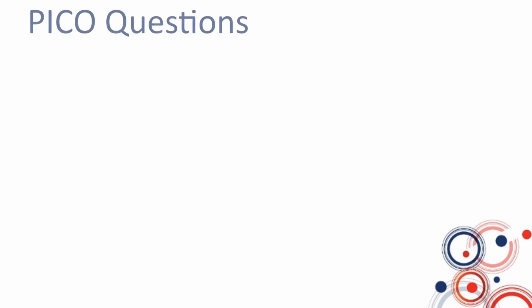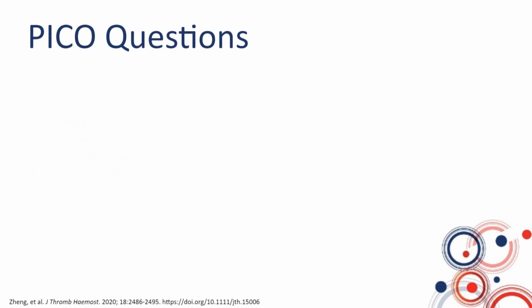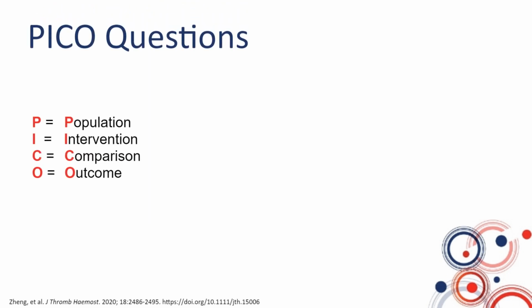So the strategy that has been used was a PICO question: population, intervention, comparison and outcome. And there was a group of experts trying to understand what the open questions are that clinicians need to answer regarding the diagnosis and treatment of patients affected with TTP.